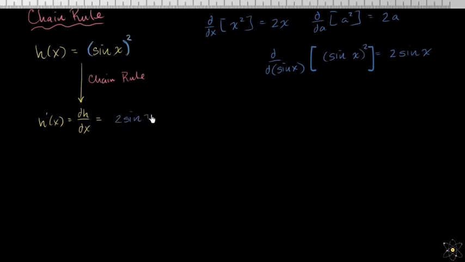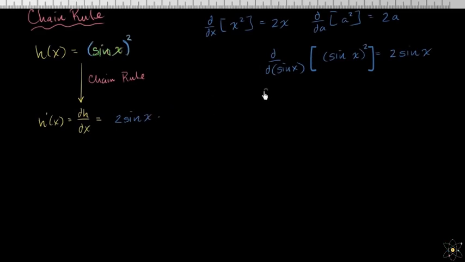We could view it as the derivative of the outer function with respect to the inner, 2 sine of x. We could just treat sine of x like it's kind of an x, and it would have been just 2x, but instead it's a sine of x. So we say 2 sine of x times the derivative of sine of x with respect to x.